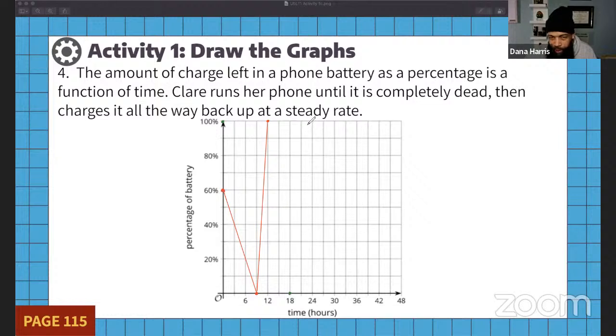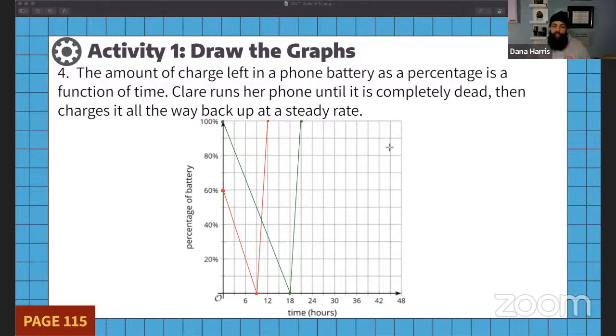Same amount of time, basically. So boom, here it goes from 100%, and then here, boom, it charges back up.